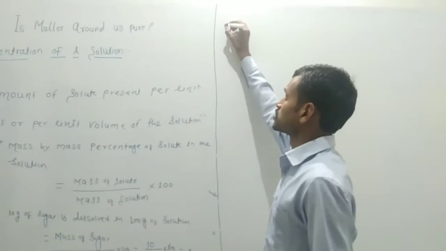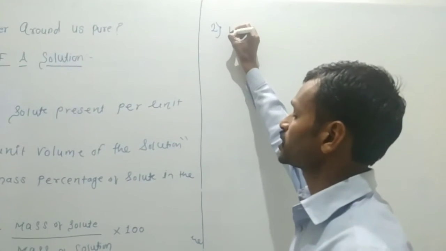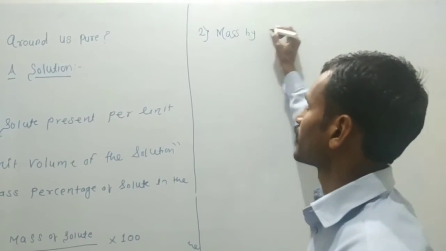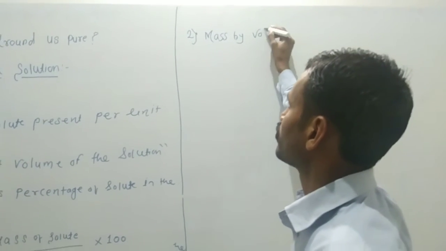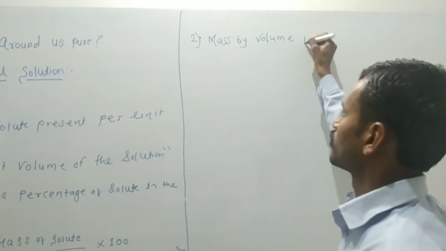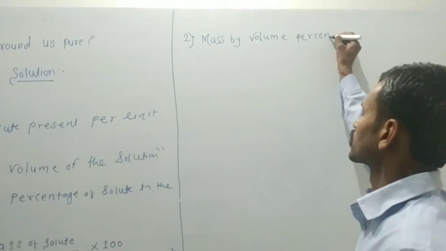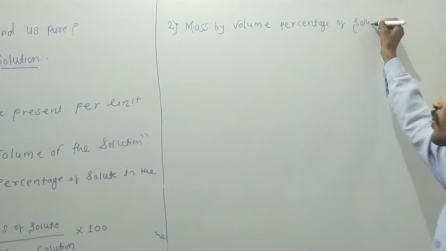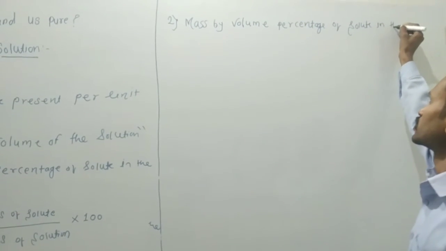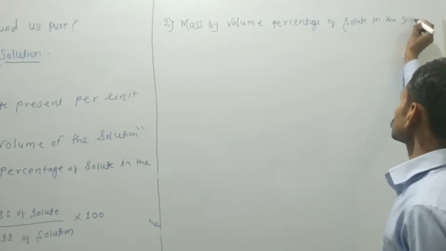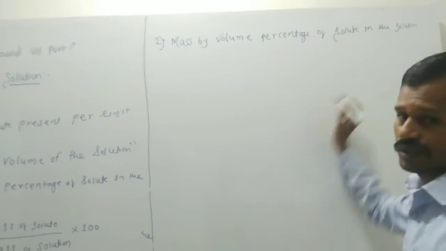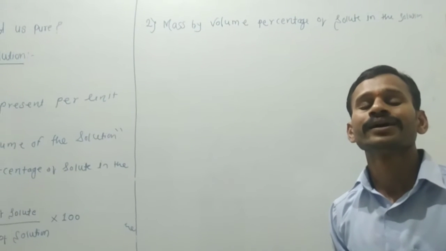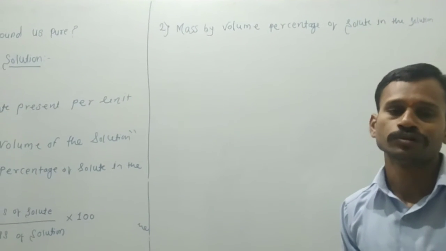Now the second concentration is the mass by volume percentage of solute in the solution. It means the amount of solute present in 100 units of volume of the solution.